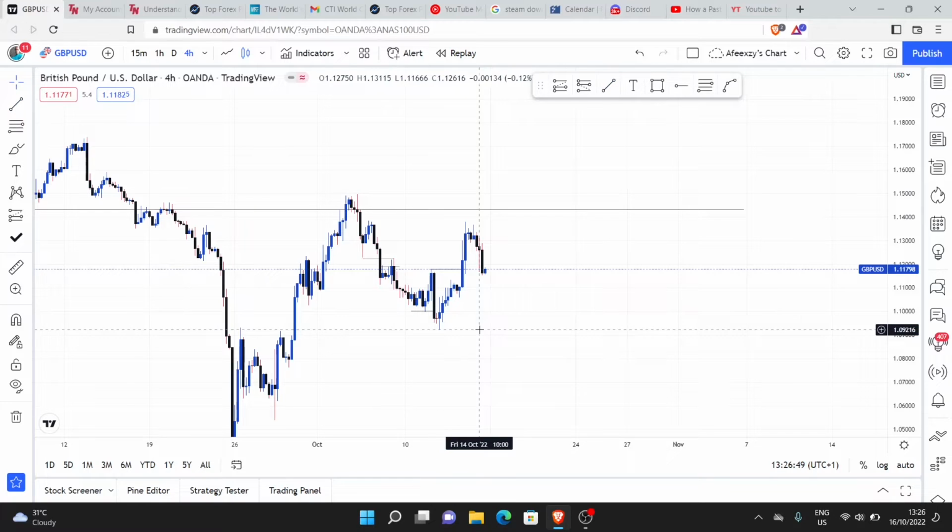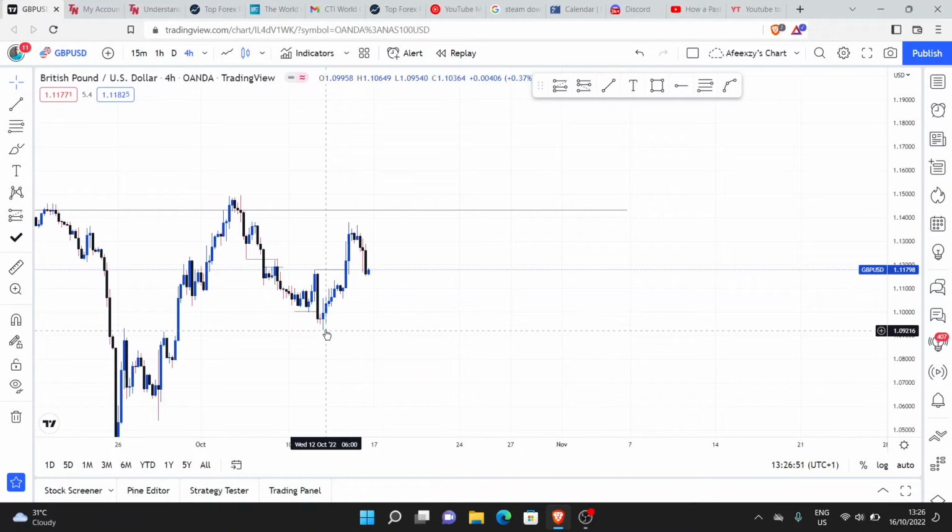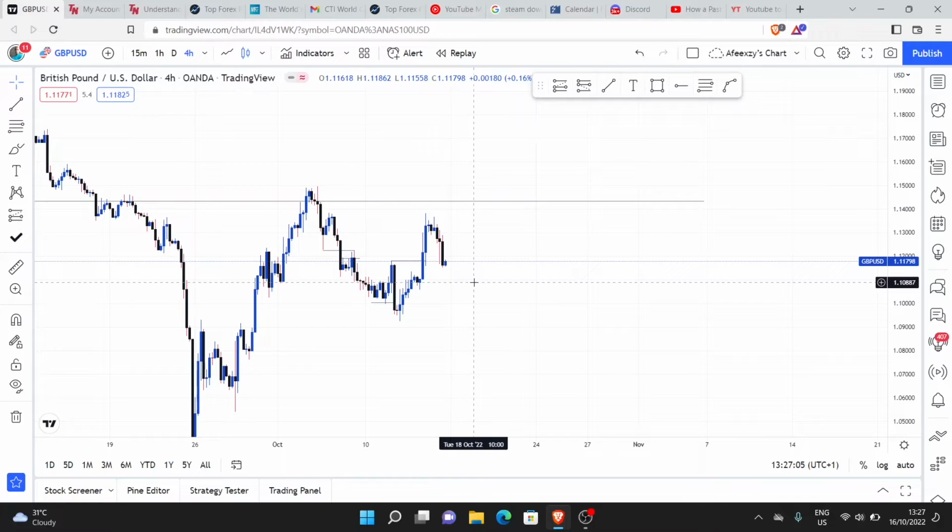It immediately cleared this low and we saw some push up. Now we should be very skeptical, but I will be watching for a bearish structure change to continue this sell from a higher time frame perspective.